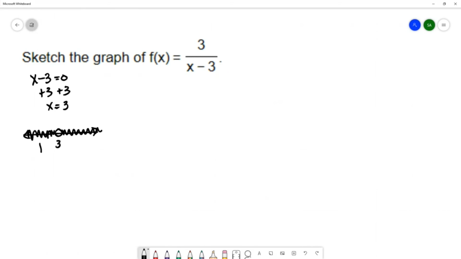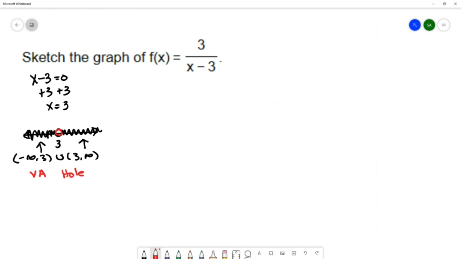I want to represent each one of those intervals, and that would be -infinity to 3, union with 3 to infinity. So we have this one restricted value of 3, and I want to know what is happening at that restricted value. And there are two possibilities that we look at, and the two possibilities are a vertical asymptote or a hole.